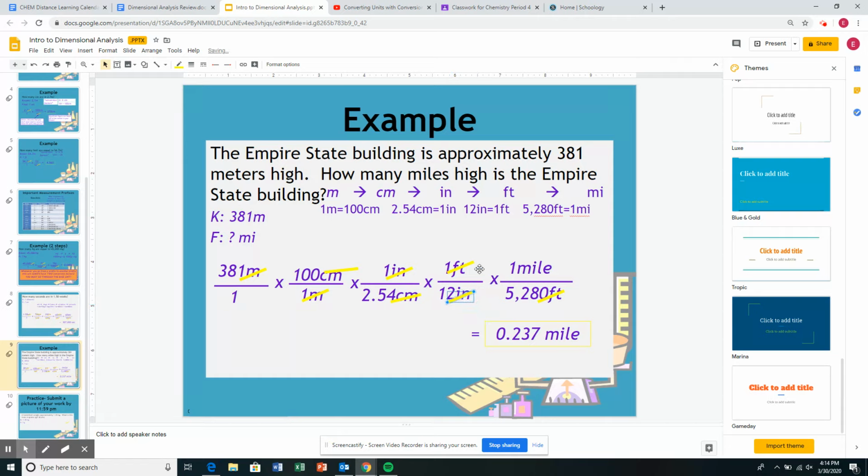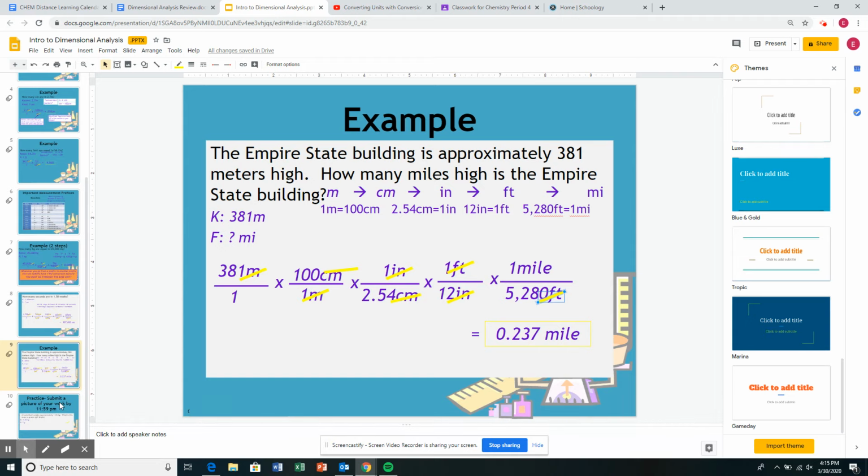Now our inches are canceled out. 1 mile equals 5,280 feet. Boom. What we are left with is a mile. We multiply our top number, so we have 381, divided by 2.54 times 12 times 5,280. And then once you've got 381 over whatever this number is, you're going to get your final answer.